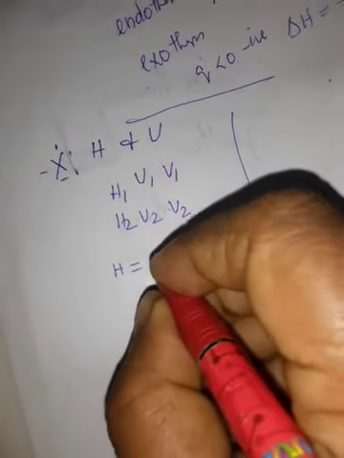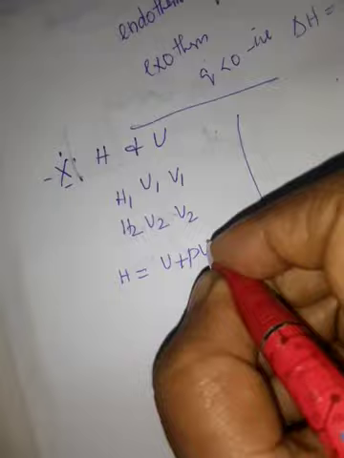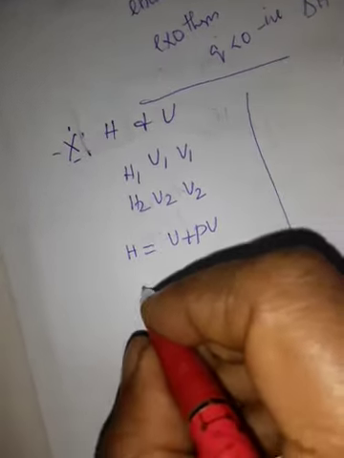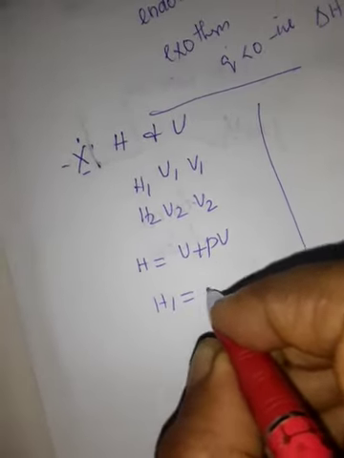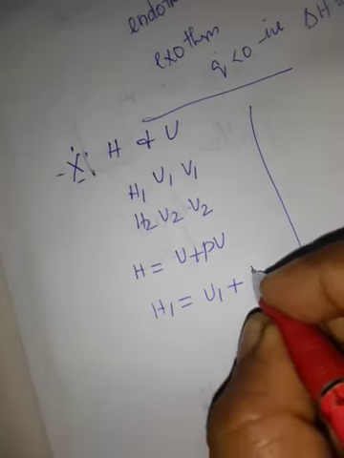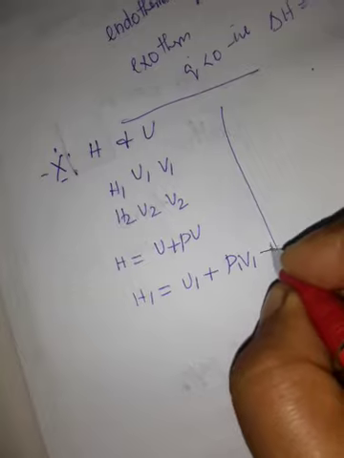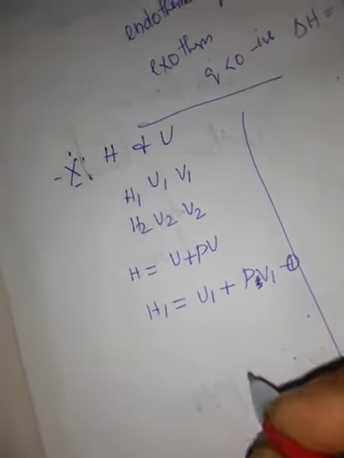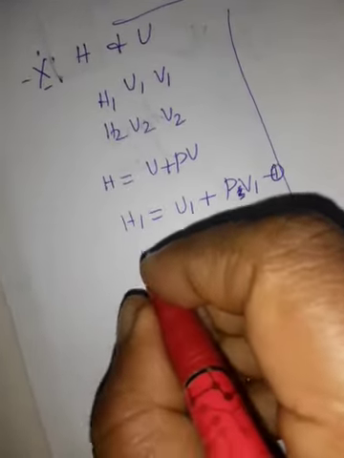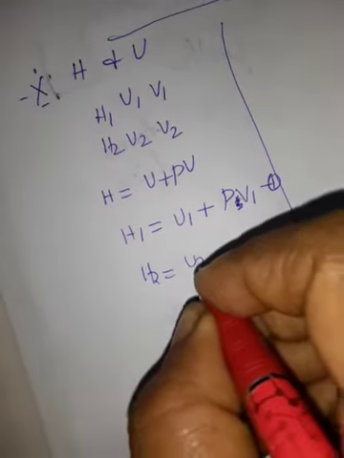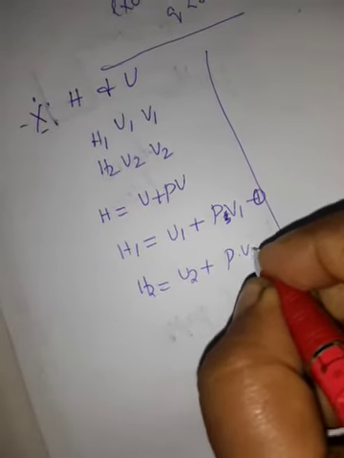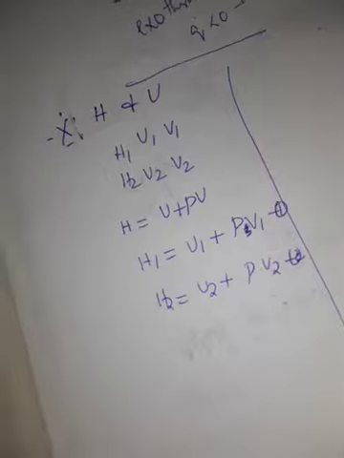H is equal to U plus PV. In the initial state, H1 is equal to U1 plus P into V1, first equation. Final state, H2 is equal to U2 plus P into V2, second equation.